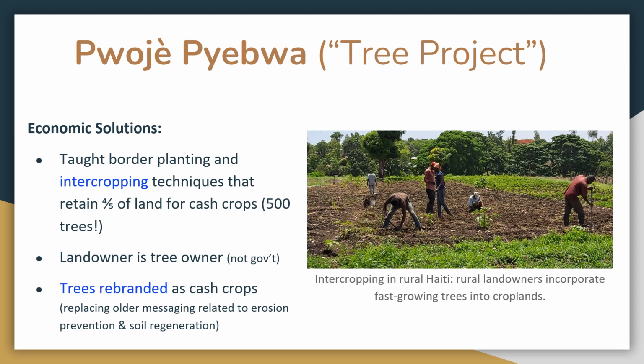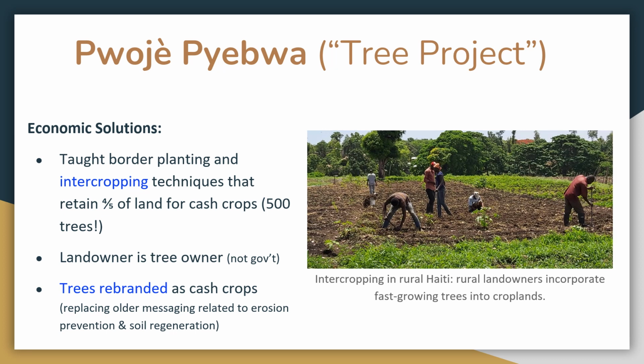It was made clear that the landowner also owns the tree, not the government. And trees were rebranded as cash crops, replacing that older messaging relating trees to erosion prevention and soil regeneration, which is all true, but perhaps not as sexy of a message and less of an incentive.